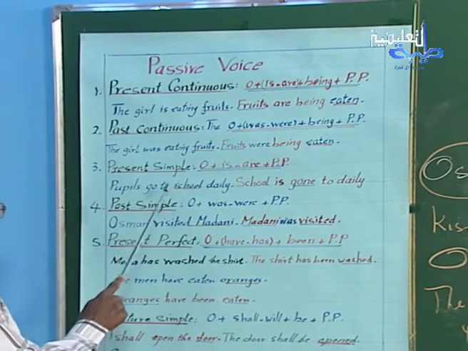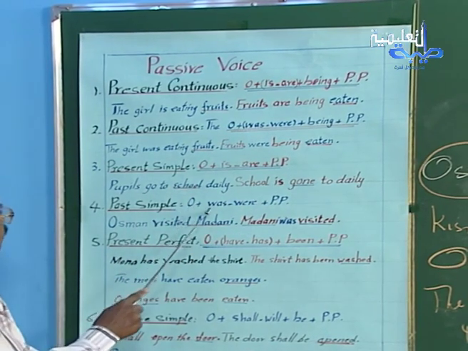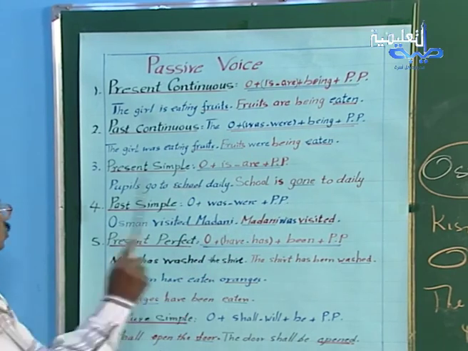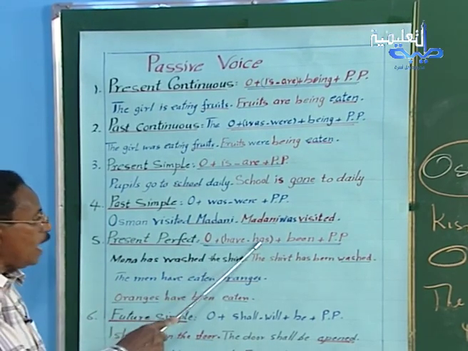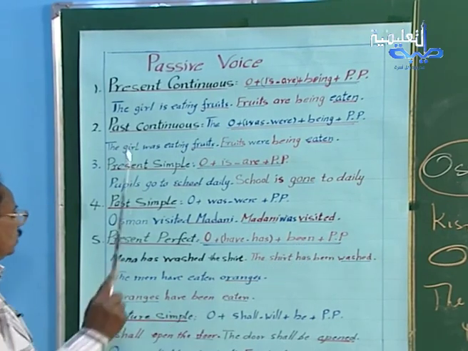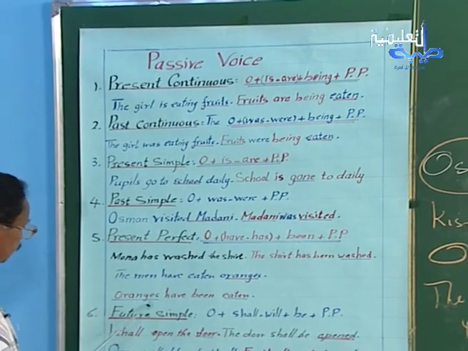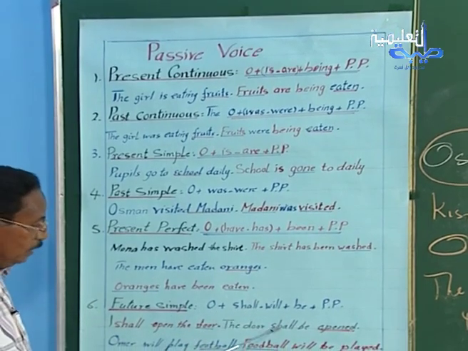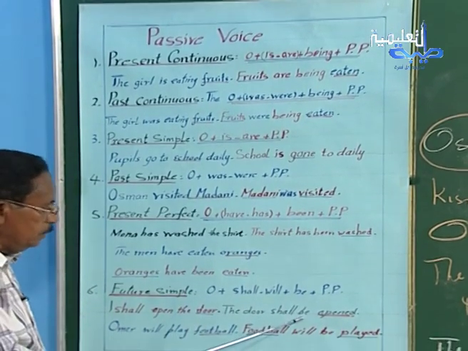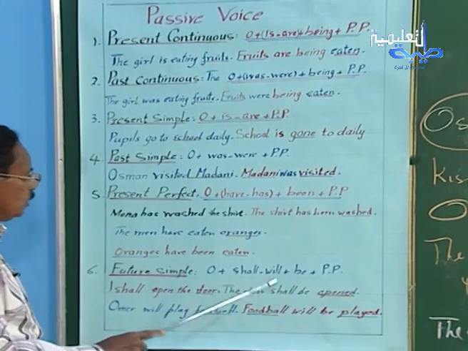For the past simple, object plus was or were plus past participle. For the present perfect, object plus have or has plus been plus past participle. For the future, object plus shall or will plus be plus past participle.